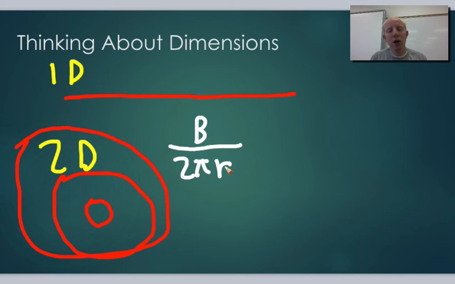However far away you are from that central source should determine how bright it is. Or in other words, this is proportional to 1 over r. The further you get away, we should see a decrease in brightness of 1 over r. Your brightness is directly determined by how far away you are from the center.